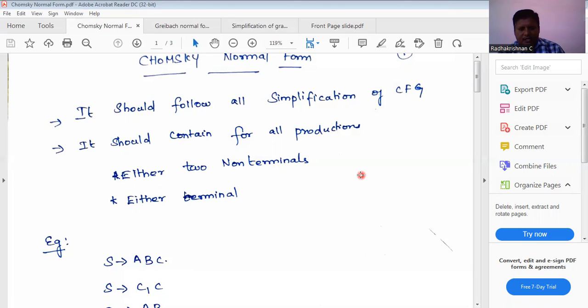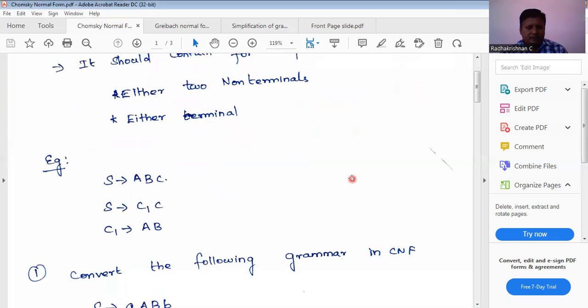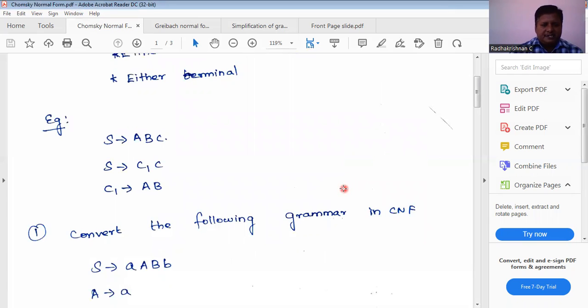The next syntax rule: non-terminal gives terminal. So the maximum on the right hand side of the arrow is two capital letters or one small letter. Example: S gives ABC, S gives C1C, C1 equal to AB. The first rule is not in CNF, the second rule is in CNF, and the third rule is in CNF.